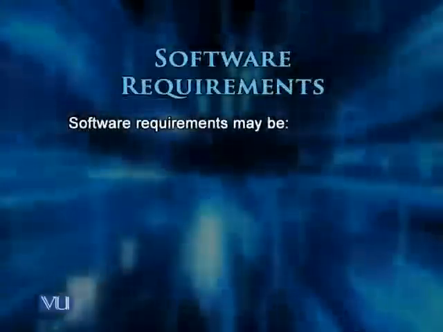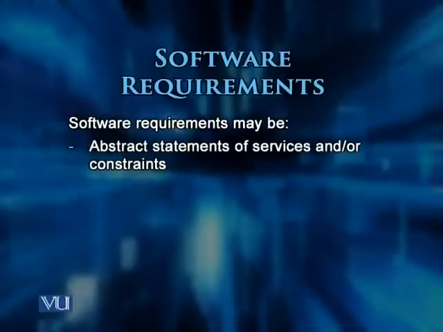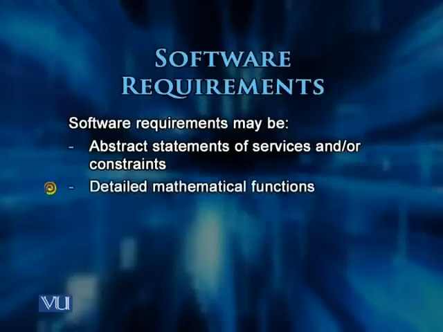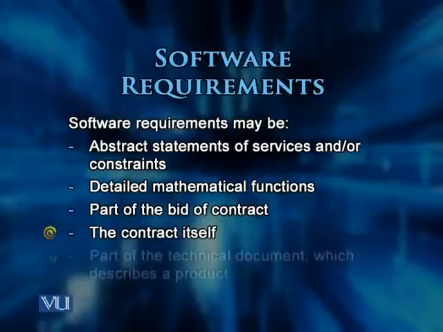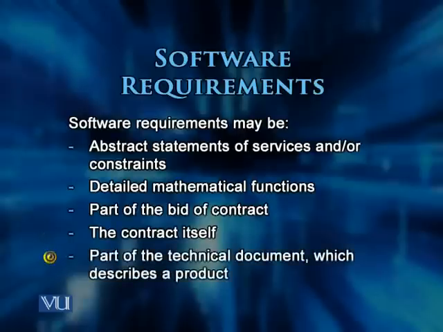Software requirements may be stated at different levels of abstraction. They may be abstract statements of services and or constraints. They may be detailed mathematical functions. They may be part of a bid or contract. They may be the contract themselves. And they might be part of the technical document which describes a product.